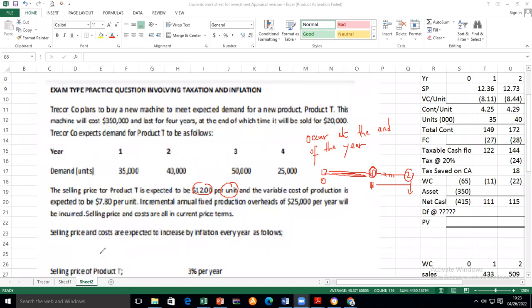What are those 2 methods? We inflate the cash flows or ignore inflation. Yes, so the possibility is to inflate all cash flows. Or we can actually ignore inflation.